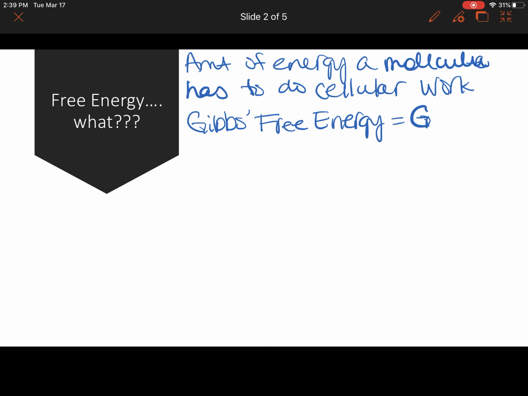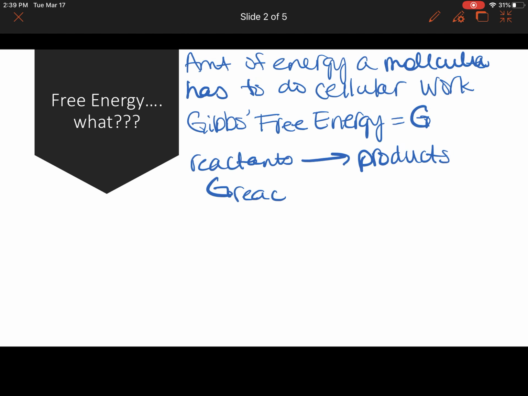Within cells, we're typically talking about the change in free energy over the course of a reaction. So as reactants are converted into products, how does the free energy of the reactants change as that chemical reaction progresses?